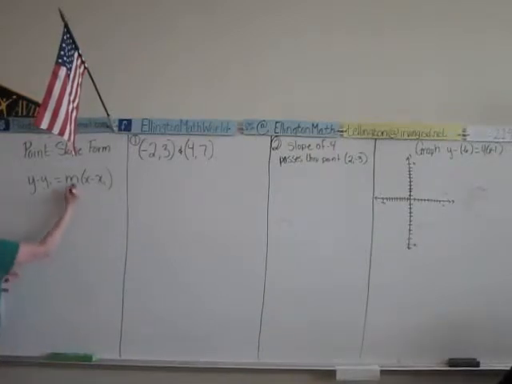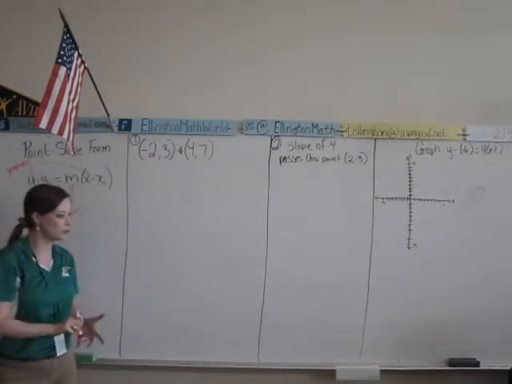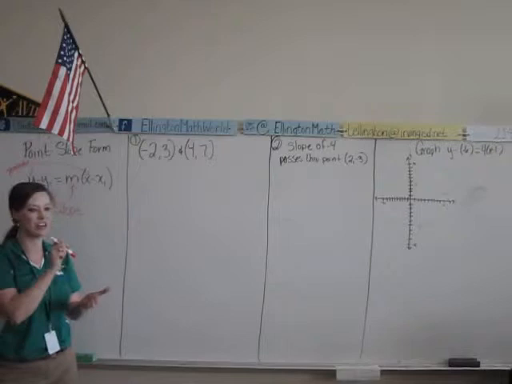Okay? The M is your slope. Your X and Y, the ones without numbers, are simply placeholders. They never change. They're just going to be X and Y. Whether you're using point slope form, slope intercept form, or standard form of the line, all three have an X and a Y in it.